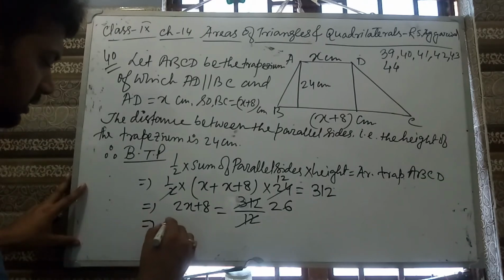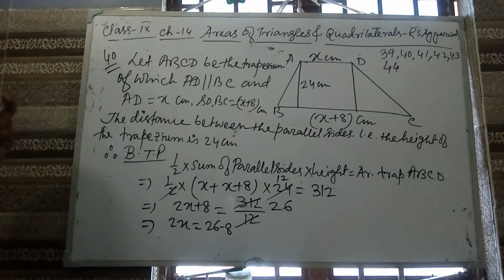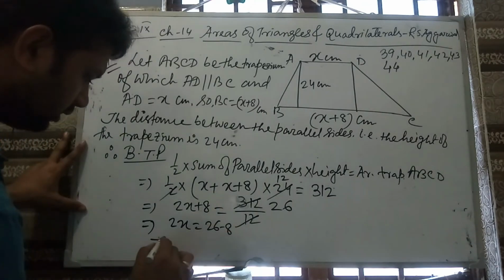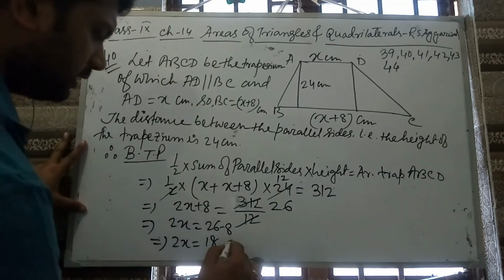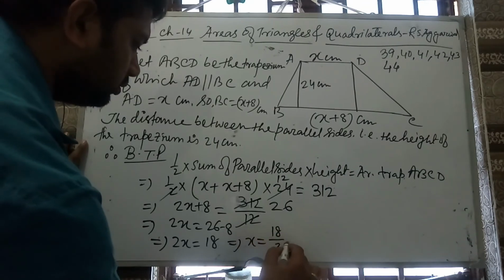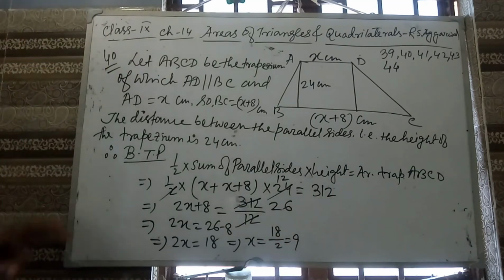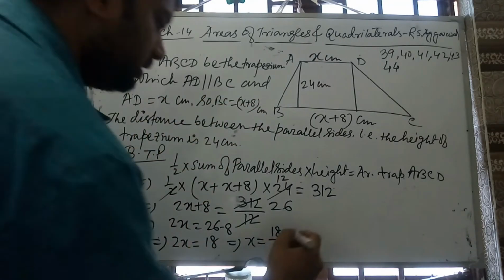That implies 2x equal to 26 minus 8. 26 minus 8, that implies 2x equal to 18. That implies x equal to 18 by 2 equal to 9. Okay, so you got your answer. Therefore, one side is 9 centimeter, another is 9 plus 8, 17 centimeter.